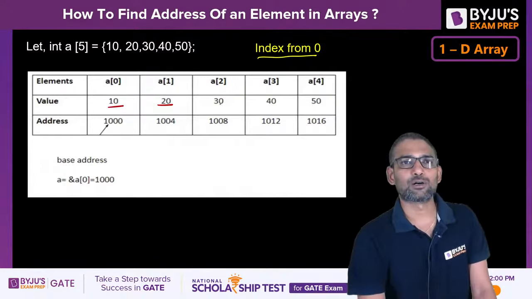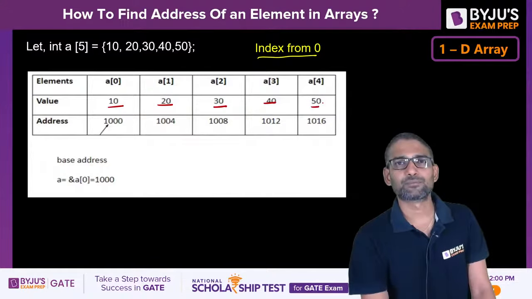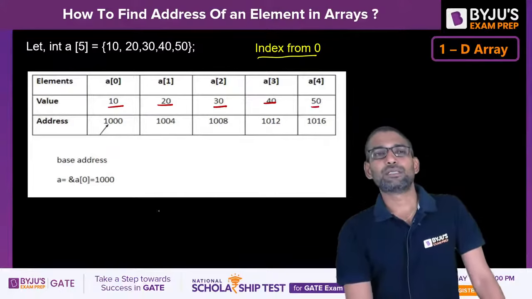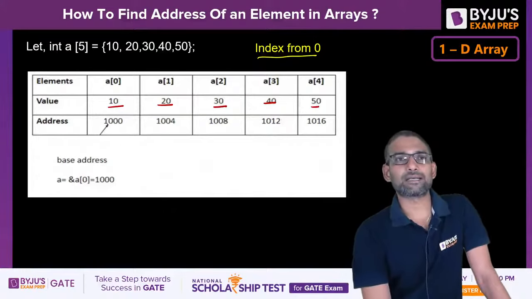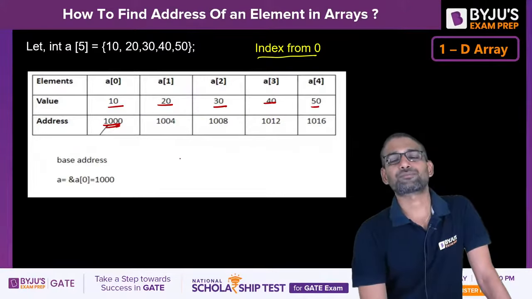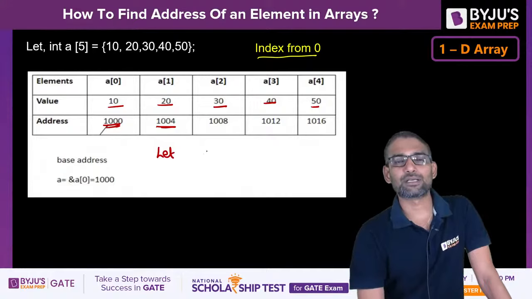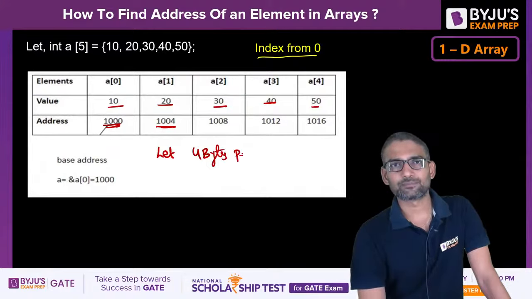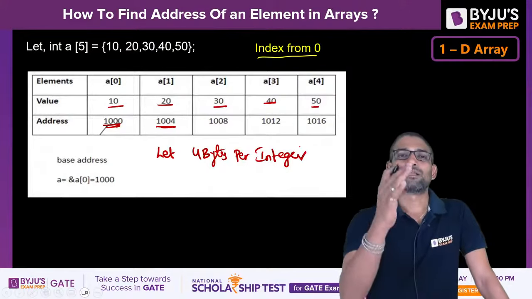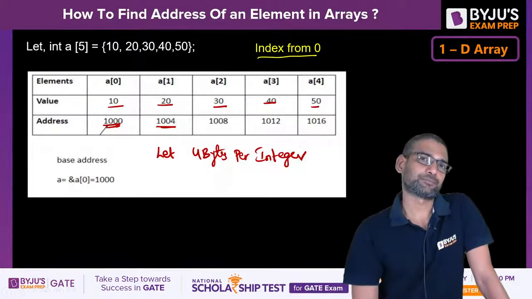in the order of initialization, and I have assumed the base address as 1000 here. So 1000, the next element address is 1004, because here I am taking 4 bytes for integer. Then the addresses would be like this.